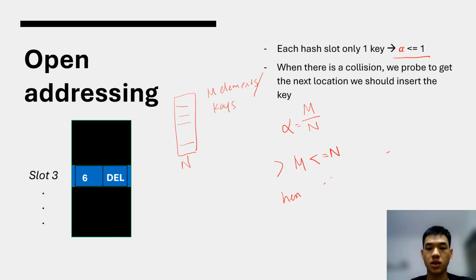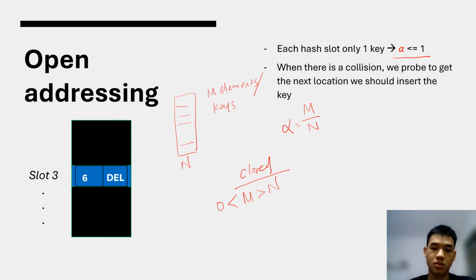And this differs from the close addressing that we saw just now, because for close addressing, m can be greater than 0, and m can also be greater than n.